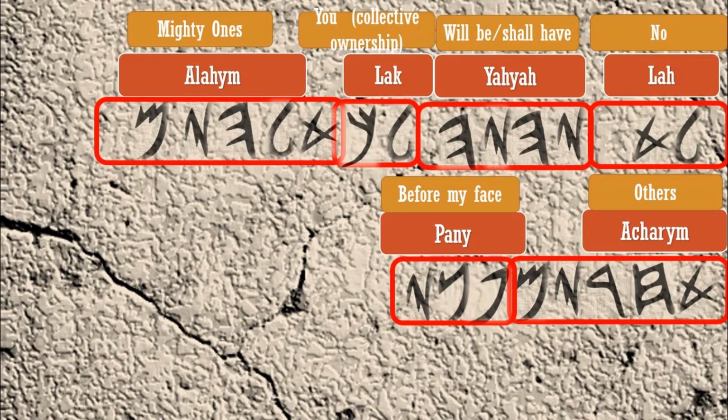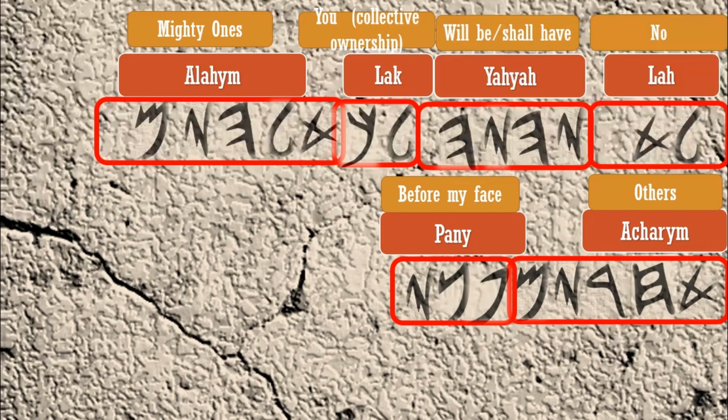Do not have any mighty ones before my face. No other mighty ones will be with you before my face. There are so many different arrangements that could have been used here.